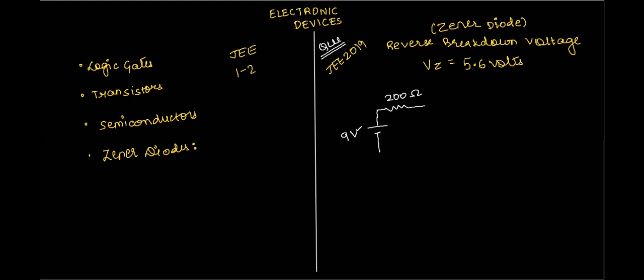The battery has a voltage of 9 volts, or you call it the EMF. You have been shown that some current is going in this branch, which they have labeled as IZ. That is, of course, the current going in the Zener diode. And here they have also shown the Zener diode.